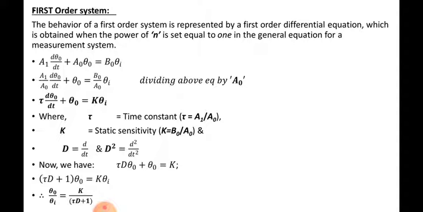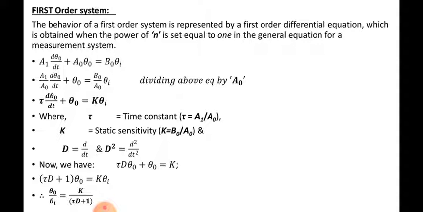So we get the equation a1 d theta o by dt plus a0 theta o equal to b0 theta I.